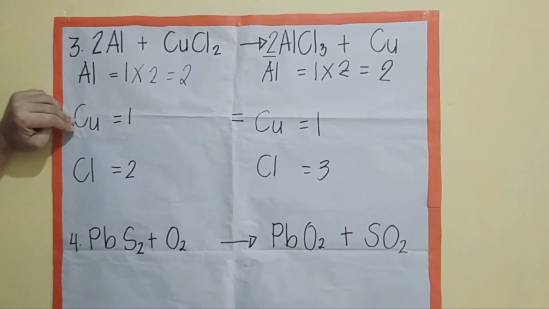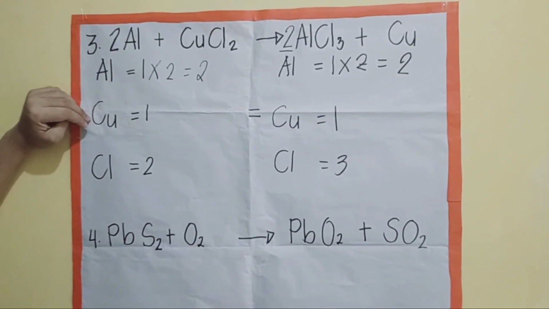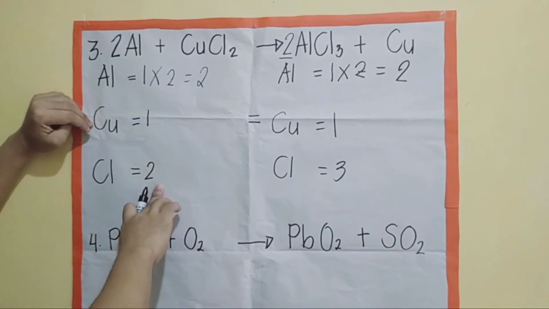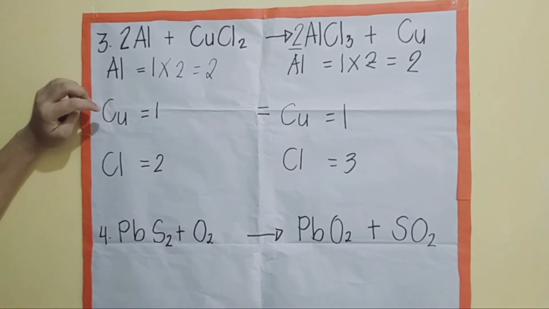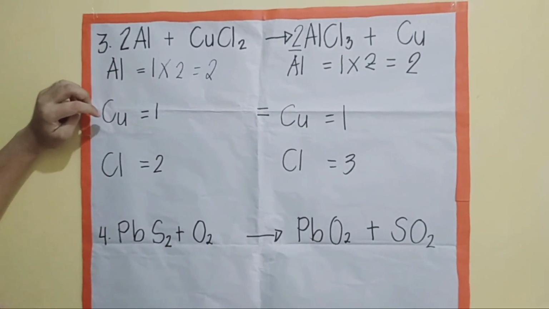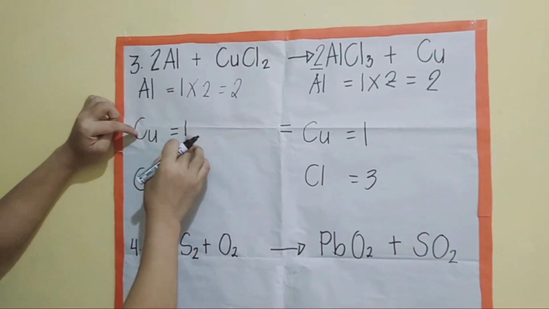So copper, we have 1, but it is complicated with the chlorine. Therefore, we are going to add a number that is not complicated to the number of chlorine. So let's try 3.